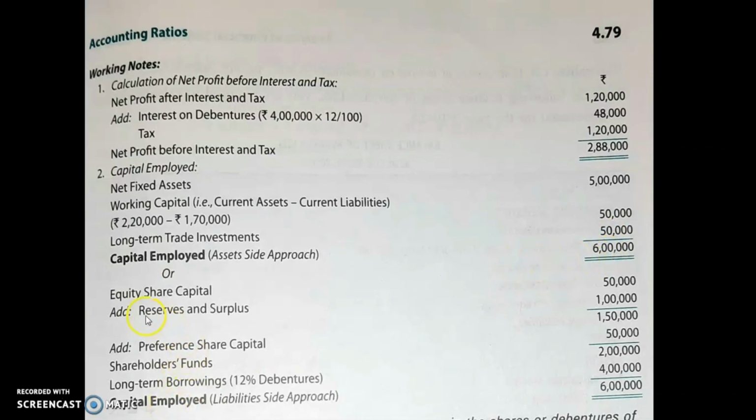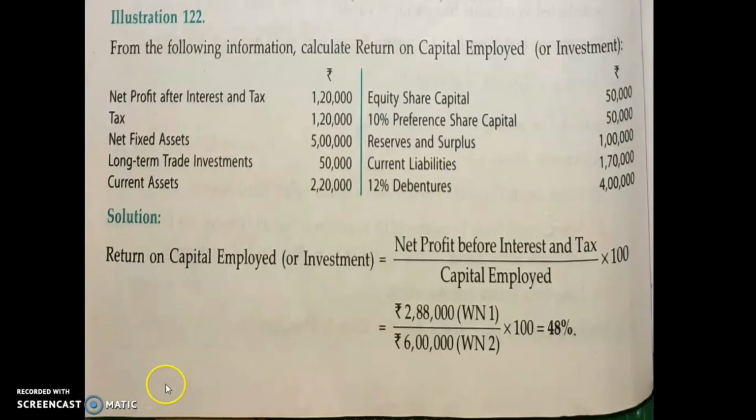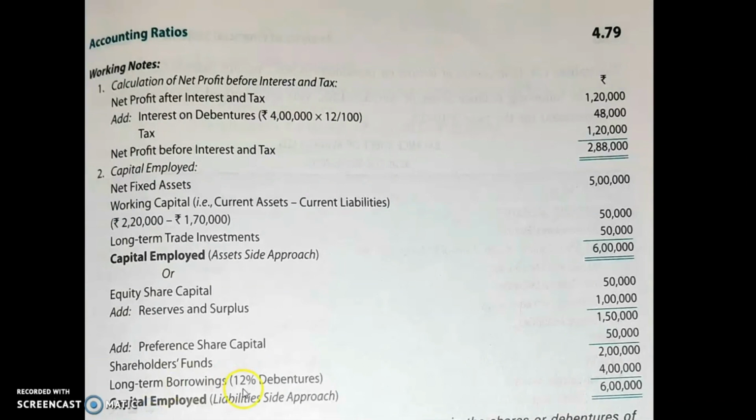Now under liability approach, you are given equity share capital and preference share capital and reserves and surplus. All these 3 items together are known as shareholders fund. You can add all these 3 items plus long-term borrowings, that is 12% debenture is your long-term borrowings, that is your non-current liability.